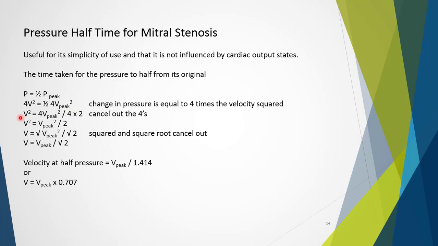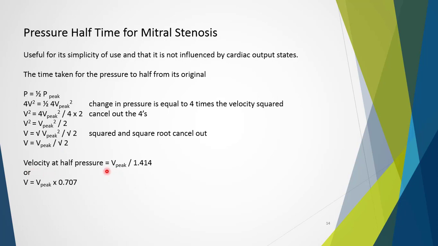We can then substitute numbers across. The 4s basically cancel out. Then we get the velocity squared is equal to the velocity squared peak divided by 2. Then we can remove the squaring with the square roots, and we come down to the velocity that we want for a pressure half-time, which is the peak divided by the square root of 2.